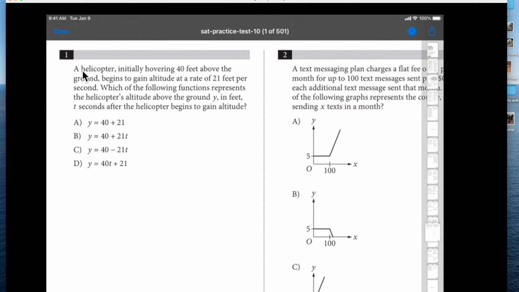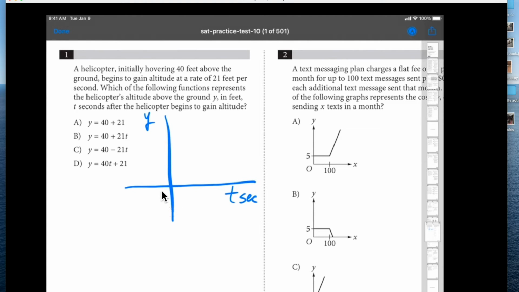So you know we're dealing with an xy coordinate situation, okay? Now, when you see a phrase like this, t seconds after the helicopter begins to gain altitude, that means t seconds is going to be the input value along the x coordinate, okay? So t seconds, and the output value is going to be the height.